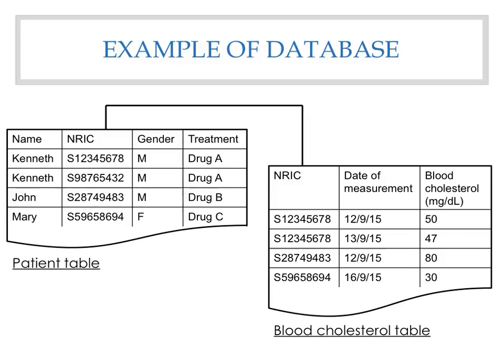If you look at the blood cholesterol table, you will notice that each column in fact has a different type of data. For example, in the NRIC field, the data is alphanumeric, whereas the date of treatment is entered as a date. For blood cholesterol, at this moment, it is entered as an integer.